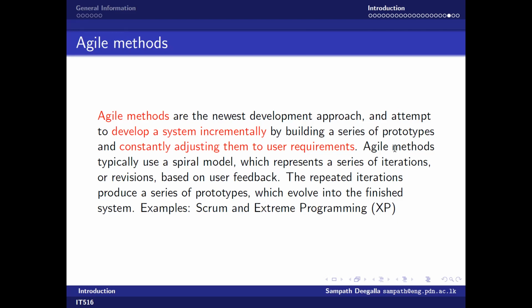Those who work in IT industries, can you confirm? Are you still using the agile processes, or do you have any newer development processes in your organizations? Those who work with the IT industry? Suresh?